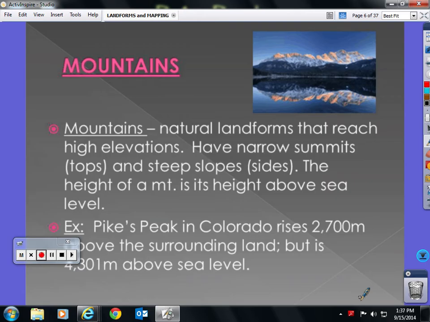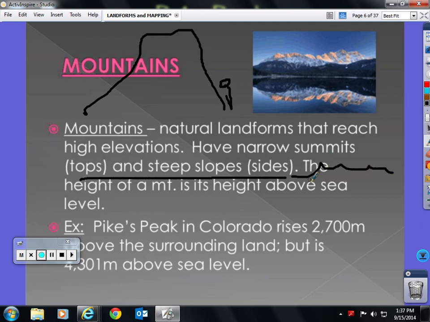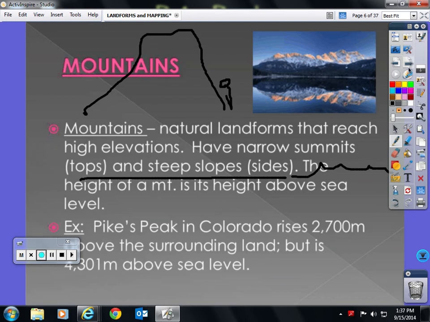So you're going to still have to count the continent. It's not going to literally be, here's the mountain and the person standing right here. It's not going to be like that because the continent is here underneath that mountain and the sea level is down here. So it's going to end up being sea level all the way up. That's what that means.